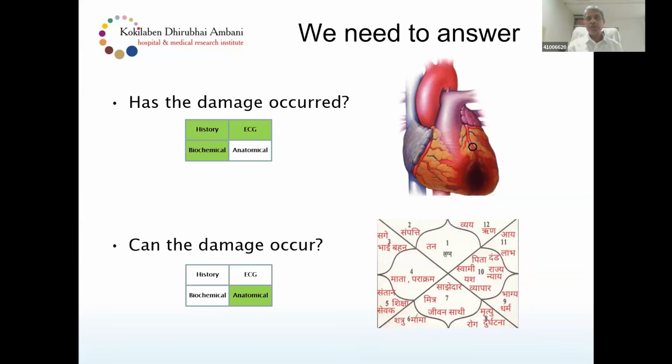And we have seen a few patients who went with normal ECGs and normal troponins and came back after 2 days or after 5 days with a STEMI. So we have to answer two questions: has the damage occurred, and can the damage occur? Can the damage occur can only be answered if we have an anatomical or a functional imaging of the heart.